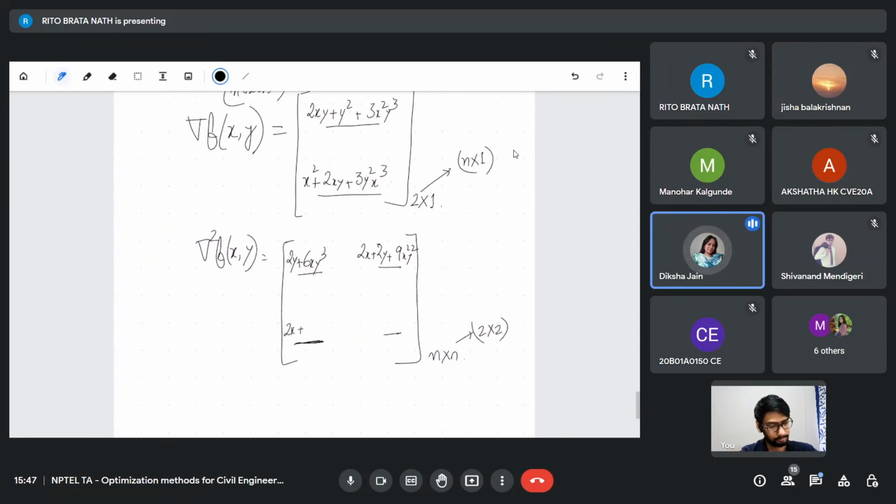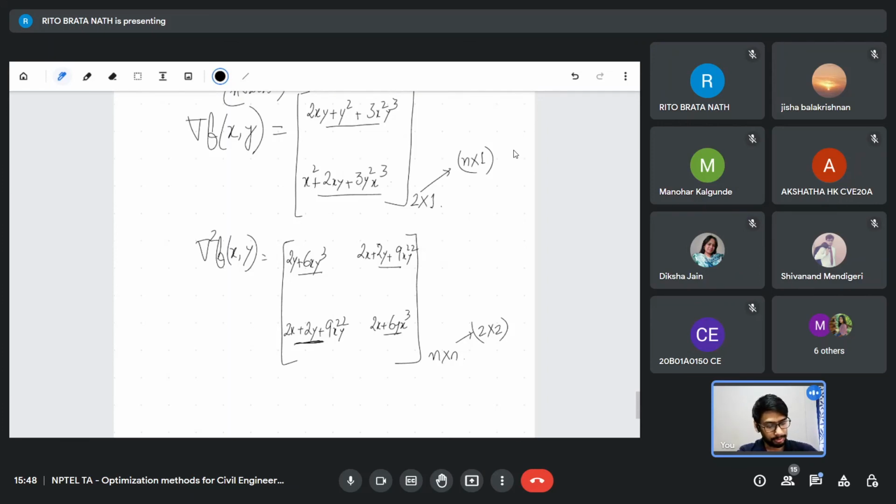Yes. That's correct. Six y x cube. Yeah, that's correct. Yes, this is the correct answer. So that's how I need to solve this for the Hessian matrix.